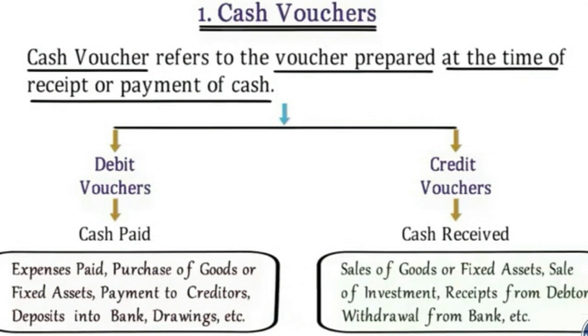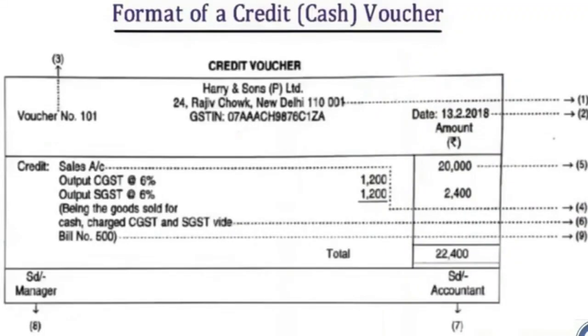Now we can see the format of the credit voucher. In the credit voucher, there are a number of pieces of information given here. This information is the same as the debit voucher.